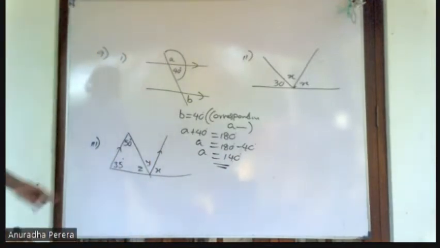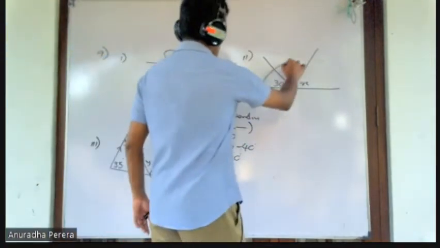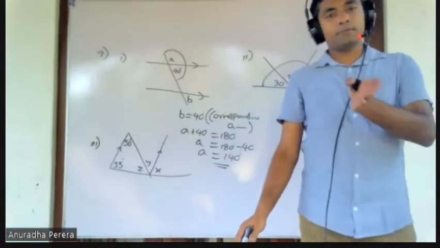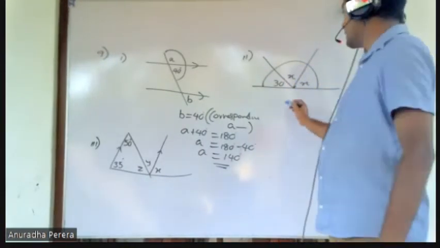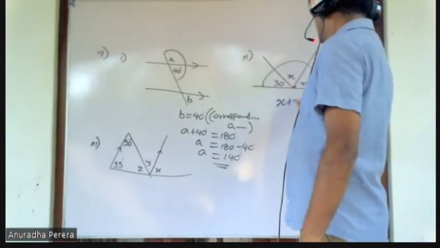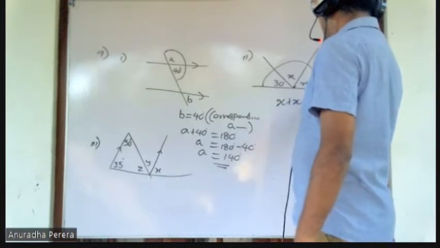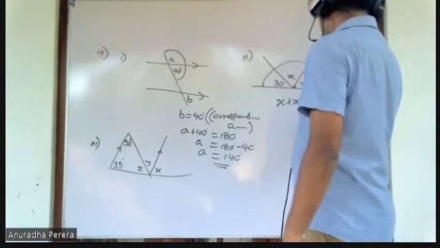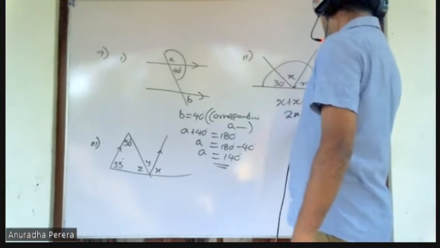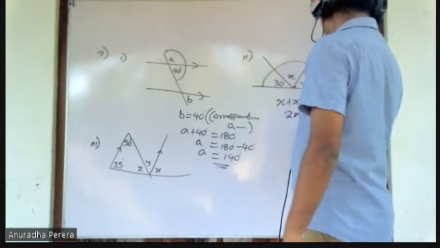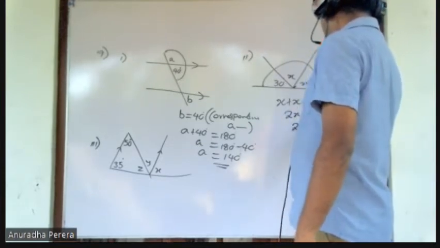Next one. This is a straight angle. The sum of these three is equal to 180. So x plus x plus 30 equals 180 degrees. 2x equals 180 minus 30. 2x equals 150.